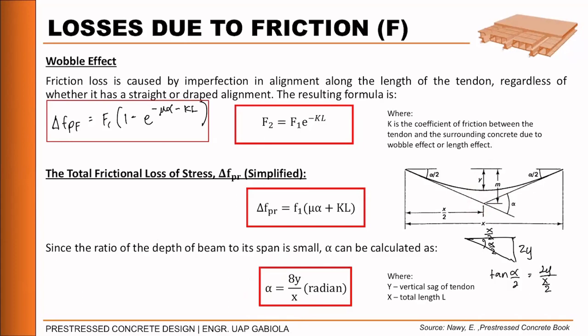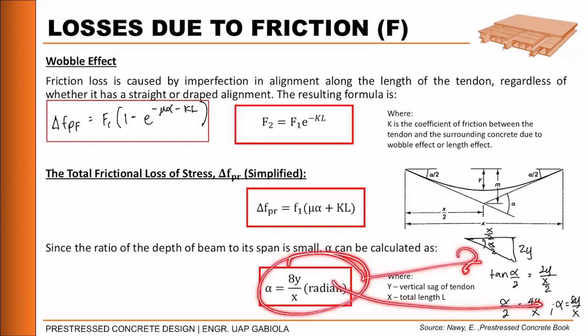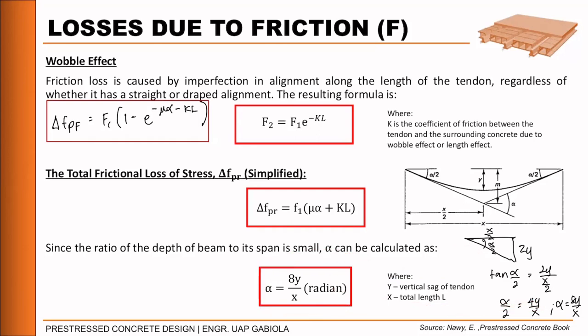So this will be, since ito is nakatangent ulit ng alpha, so very small siya. So, pwede na siya maging alpha over 2 is equals to 4y over x. Kaya, pag kinross multiply natin yung 2 sa ilalim, alpha is equals to 8y over x, which is, ito yung pinanggalingan. Okay, itong figure na to. Okay? So, yan yung mga kailangan tandaan na formula para sa laws of friction.